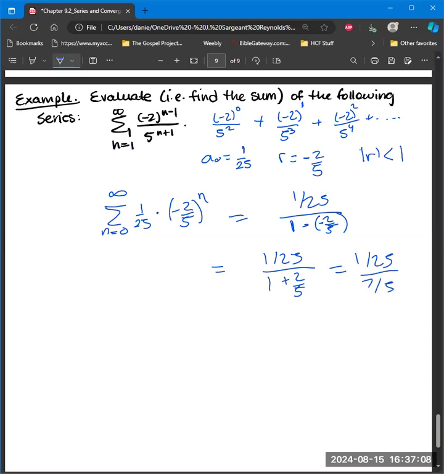I'm going to multiply by 25 over 25 to clear the fractions, and that's 1 over 7 times 5, which is 1 over 35 for what my S is here.